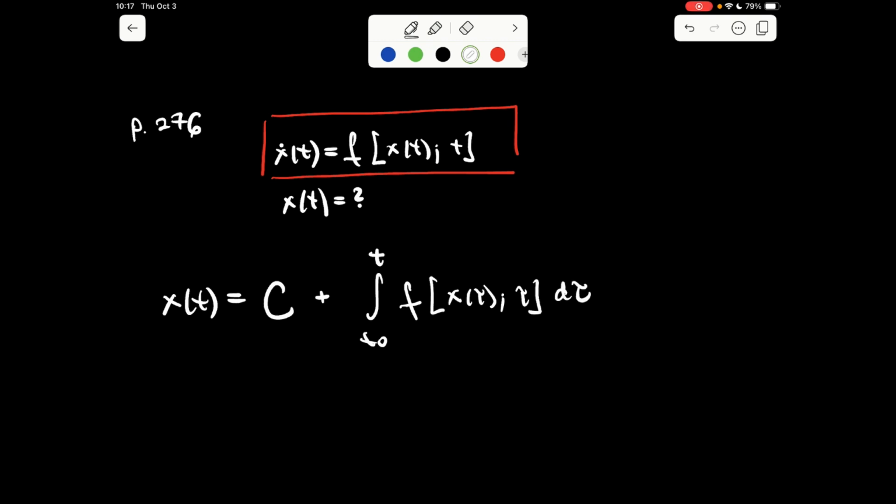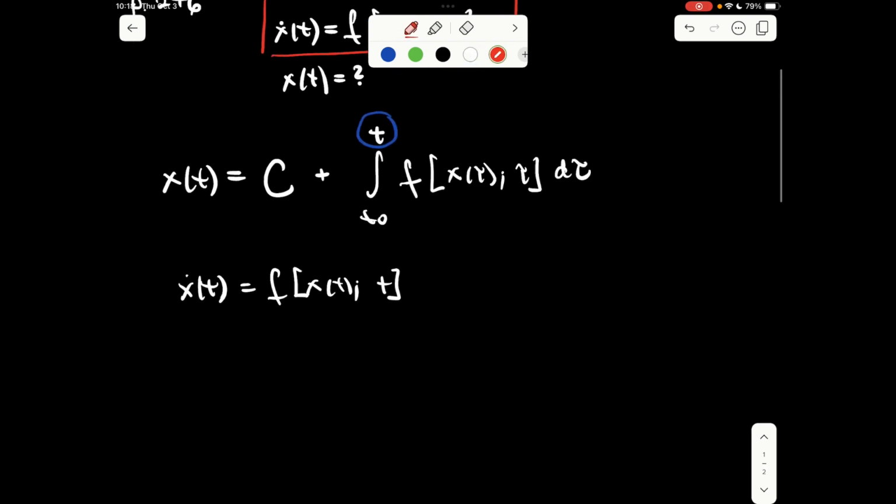We can differentiate it with respect to t, which is the upper limit of the integral. Then, of course, the derivative of c is 0, so we will have this function. Now the only question regards the constant.